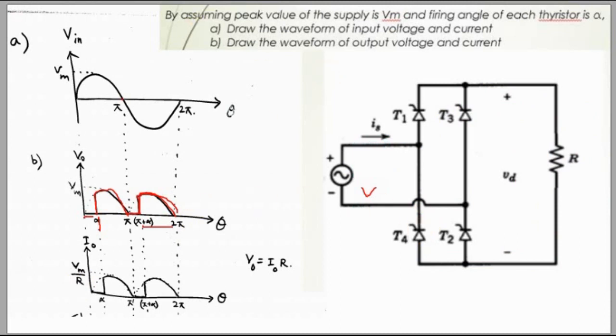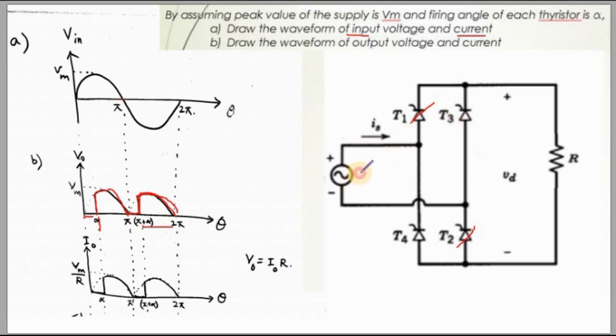Now we will take the input current. When the firing angle is from 0 to alpha, this one and this one won't work. At that time you don't have any path to flow, because this is also reverse bias.